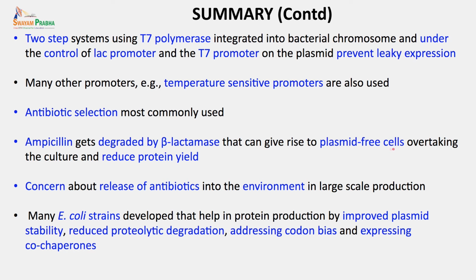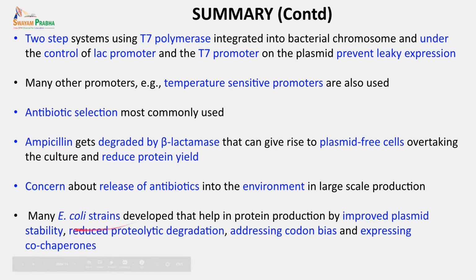So one has to be careful about how long you grow the culture, because long growth will give rise to plasmid-free cells. Another concern about the antibiotic selection is that the antibiotics can be released into the environment if very large scale cultures are done. So that is another limitation.